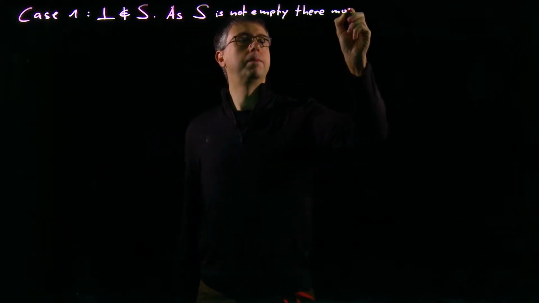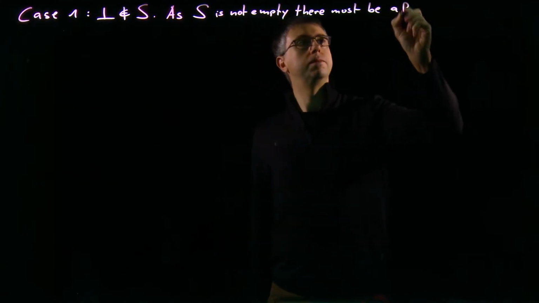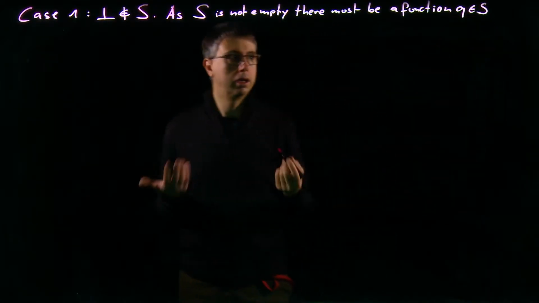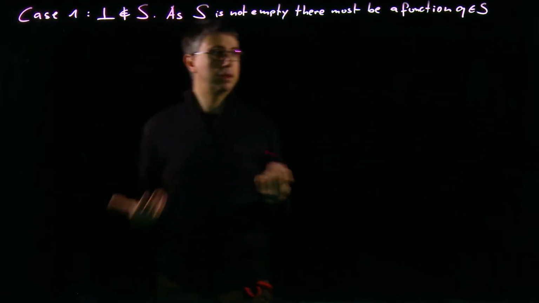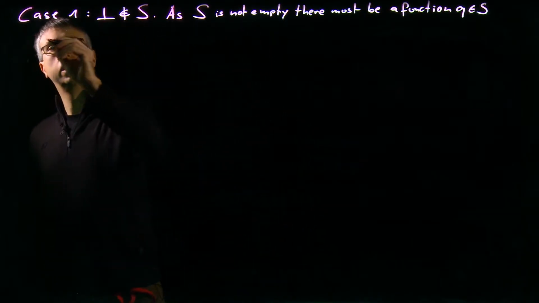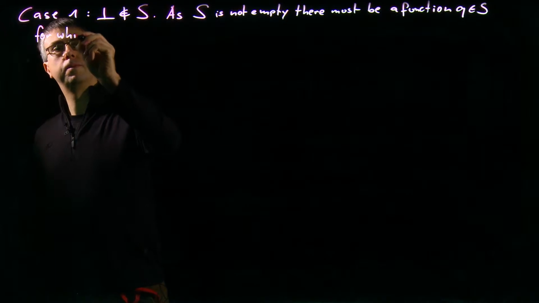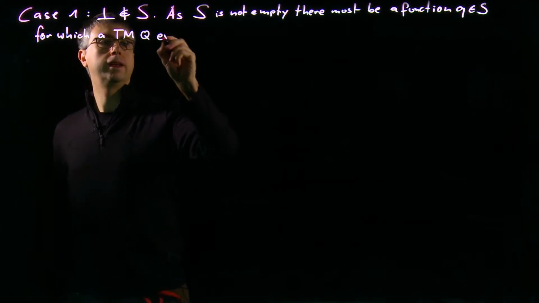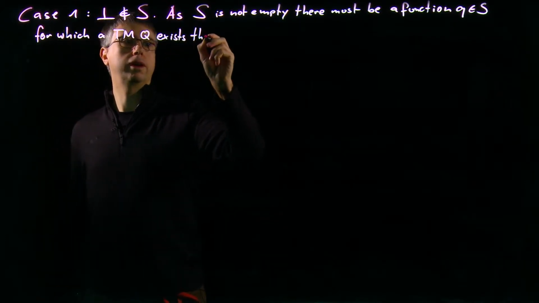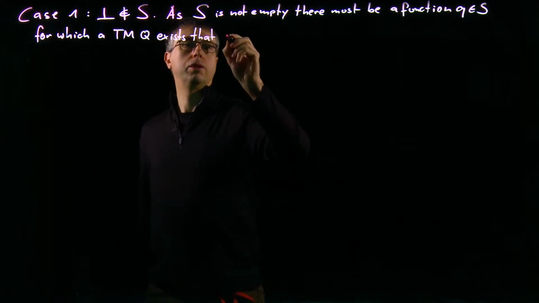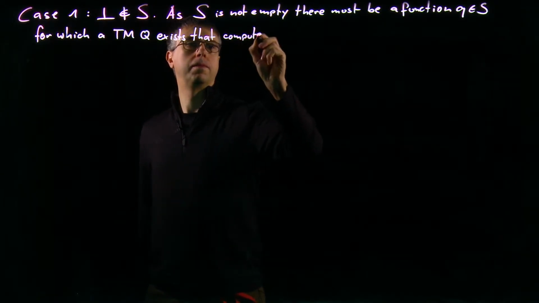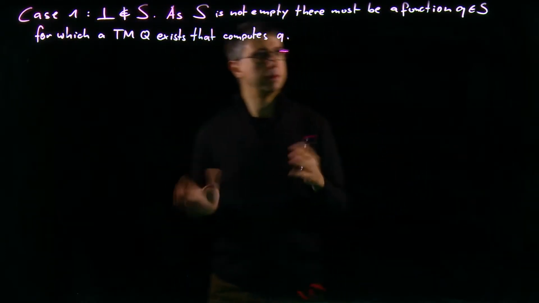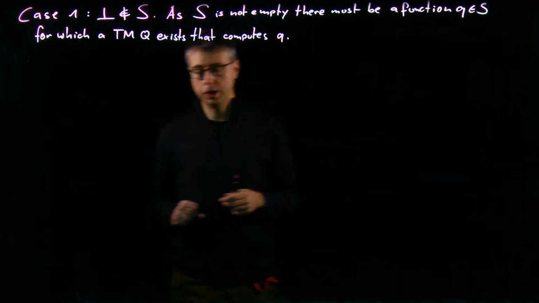There must be a function q in S, and this function must be computable, so a Turing machine Q exists that computes the function q. So there must be at least one, and we just fix this one.